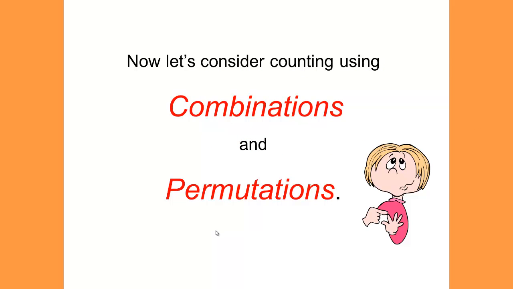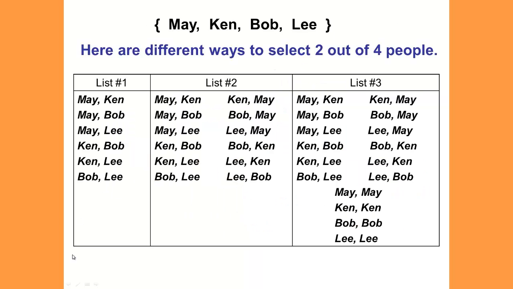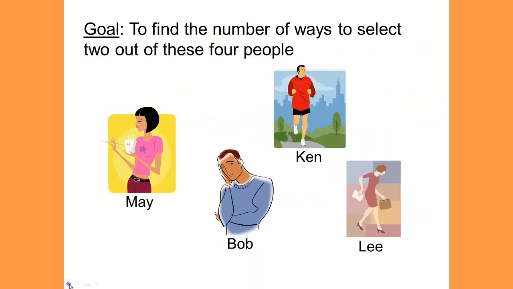We are going to now consider counting using combinations and permutations. For other types of counting, we need to use different types of counting, and those would be combinations and permutations.